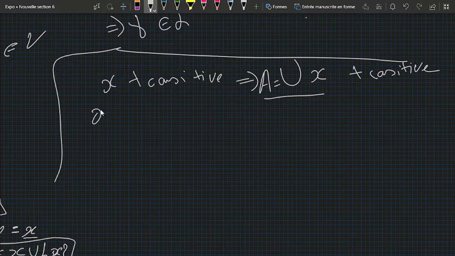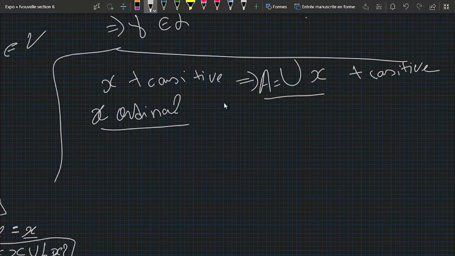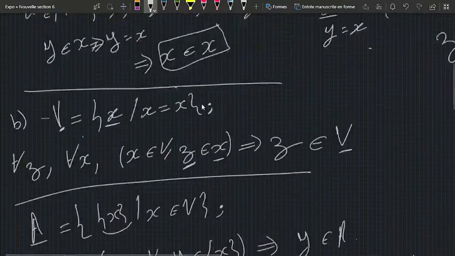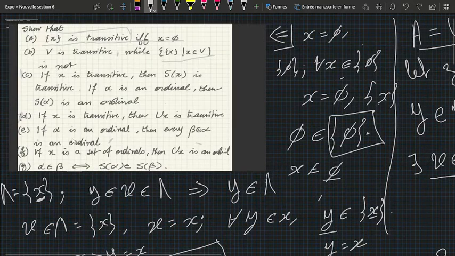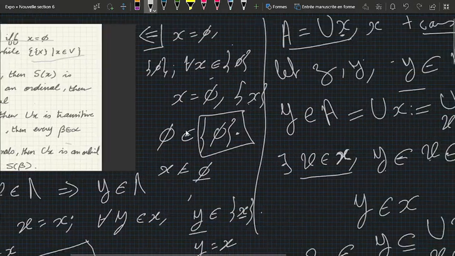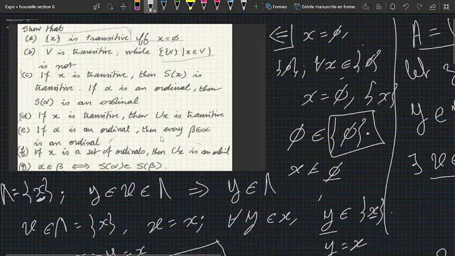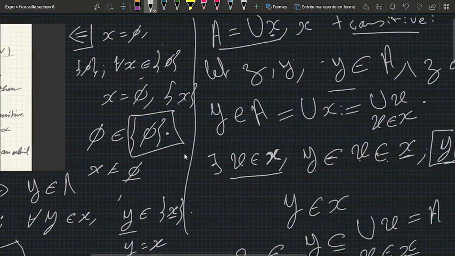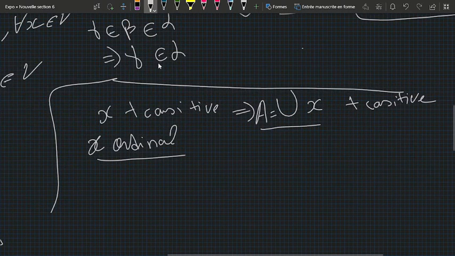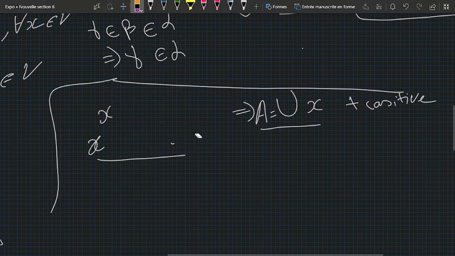Because we suppose that alpha is ordinal. If alpha is a set of ordinals, then yes. X is not transitive or ordinal.